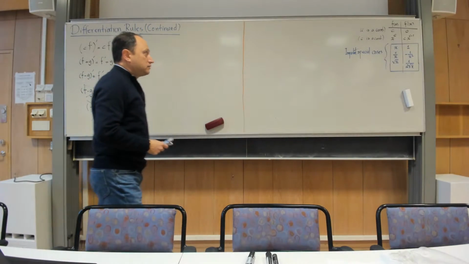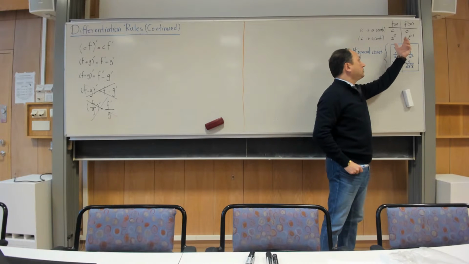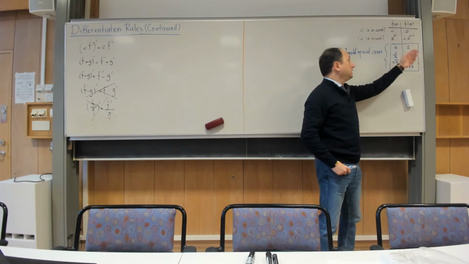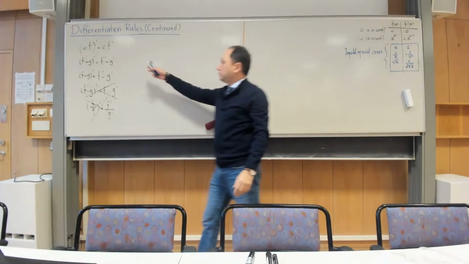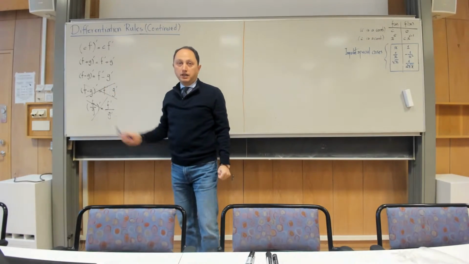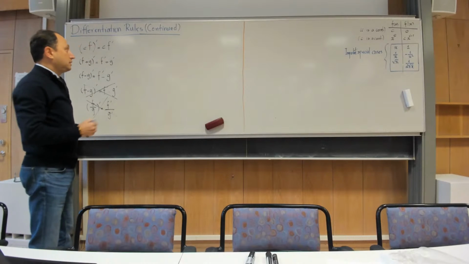Okay, and then I was talking about different types of functions that you can take the derivative of so far just by these two formulas in the table and these general rules that we have so far. So if I remember correctly, I wrote something on the board and we didn't solve that problem.